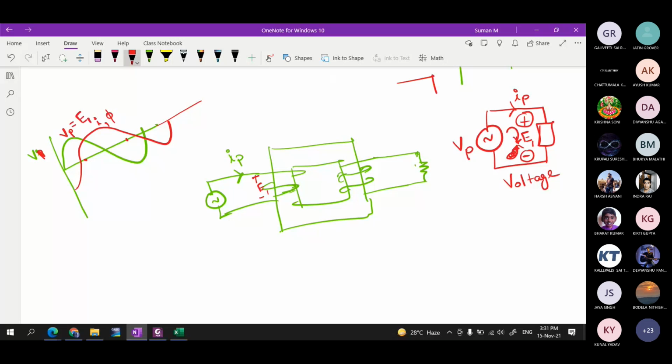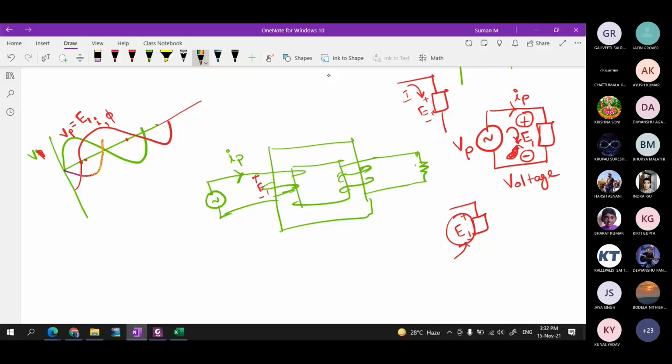Current is entering here, so this is considered a voltage drop. Voltage drop in the sense there will be a reduction in voltage. In case the current is entering the negative polarity, then it is a voltage rise. Voltage rise means it is going to supply. That will be drawn 180-degree phase shifted from the source.